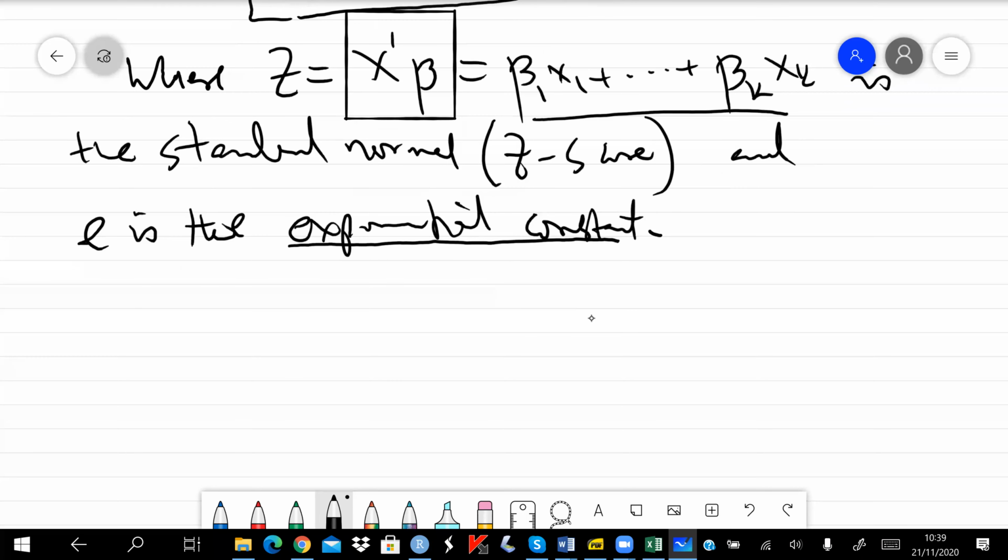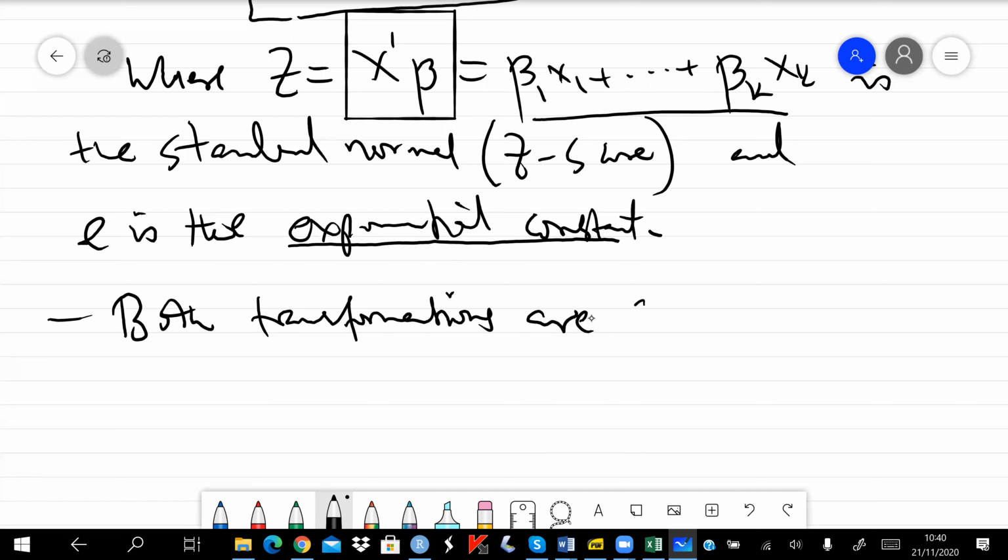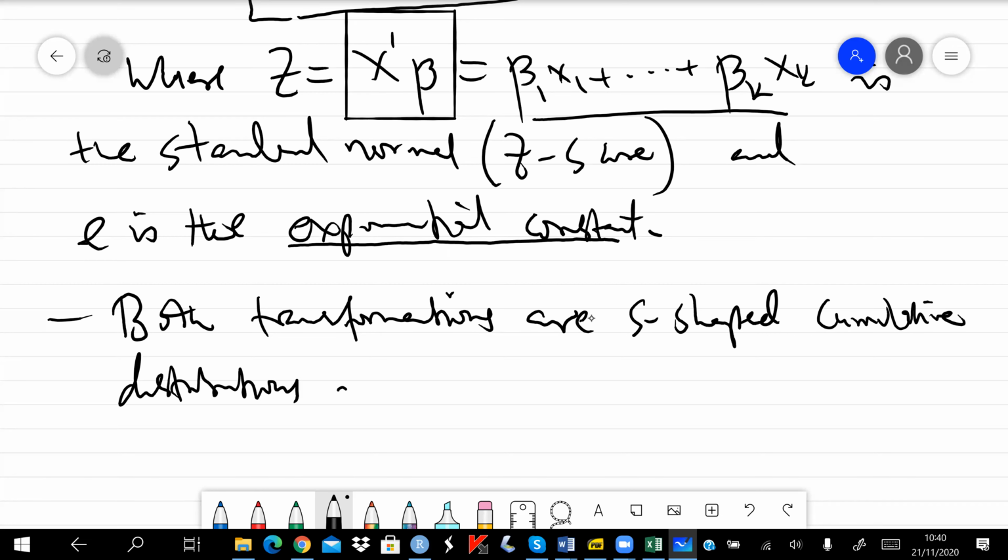Then we can note that both transformations, that's the Logit and the Probit, are S-shaped. They are S-shaped cumulative distributions, as shown below.